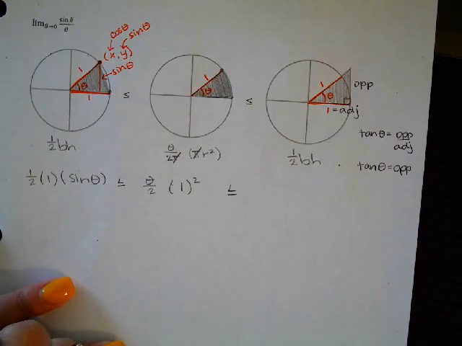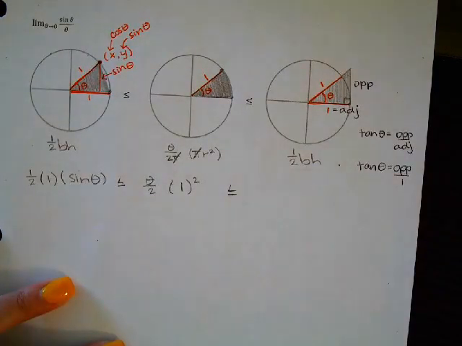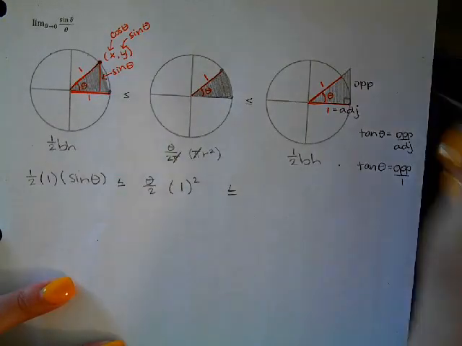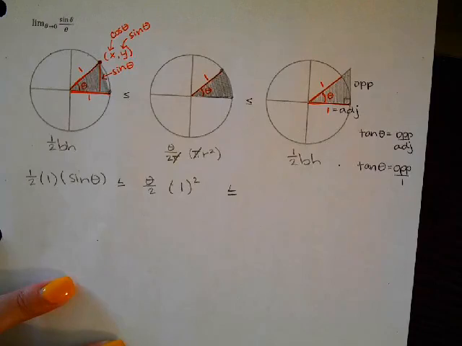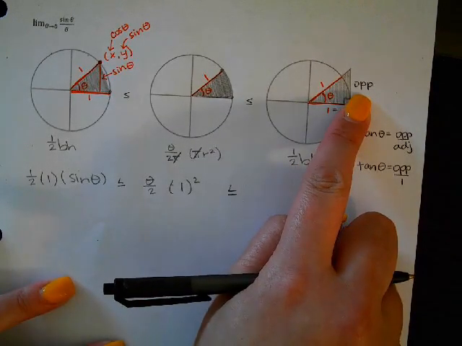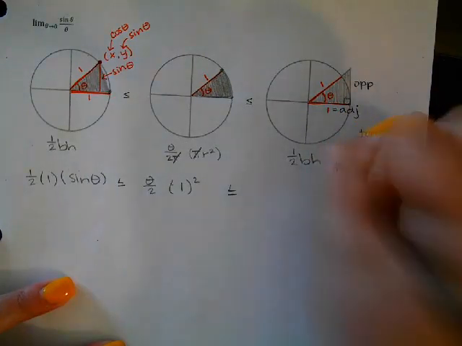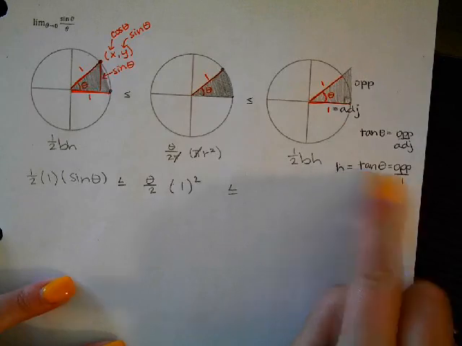Is it okay if I just write opposite over 1? Does that make you feel better? Okay, opposite over 1 for just this drawing. So that means that the height of this triangle is tan. The height is the opposite side. Therefore, the height is tan, equals opposite over 1. Are we comfortable with that?